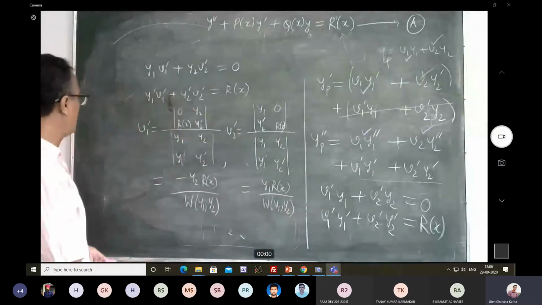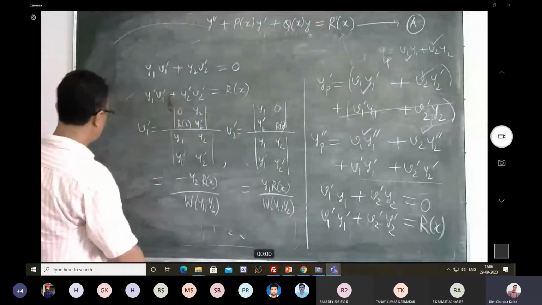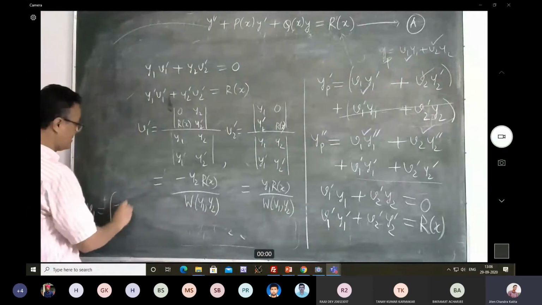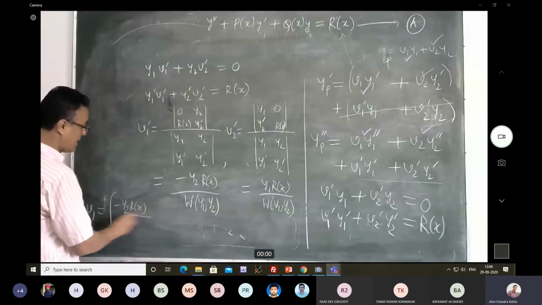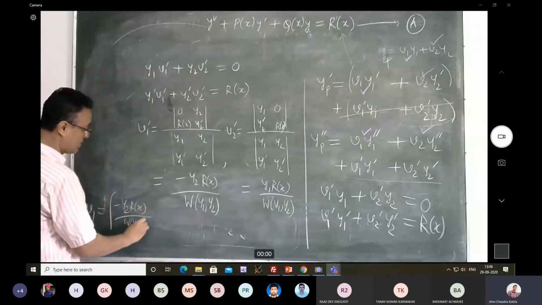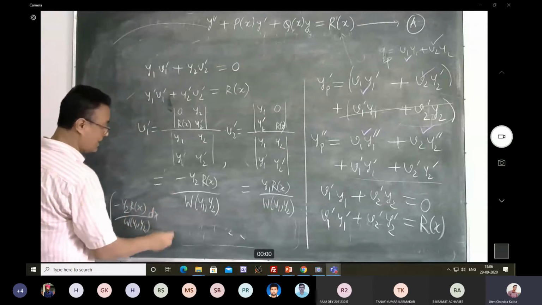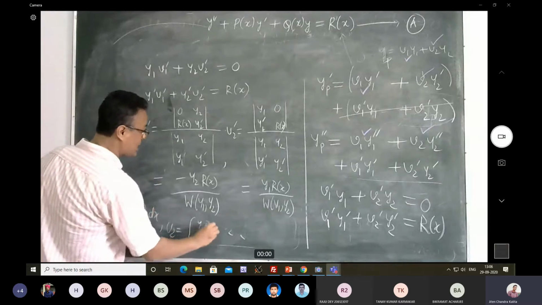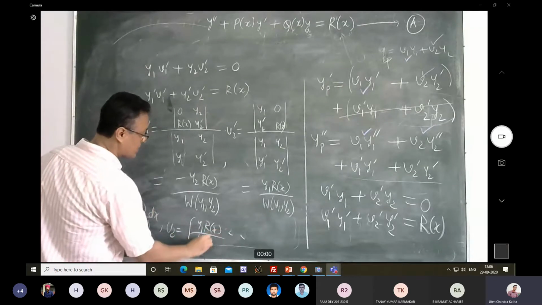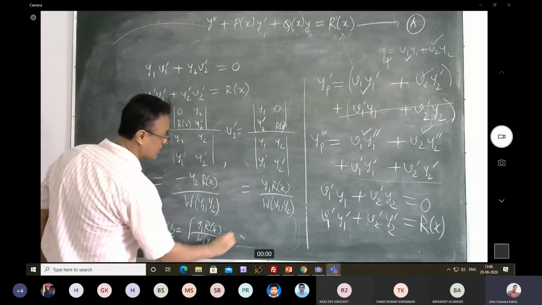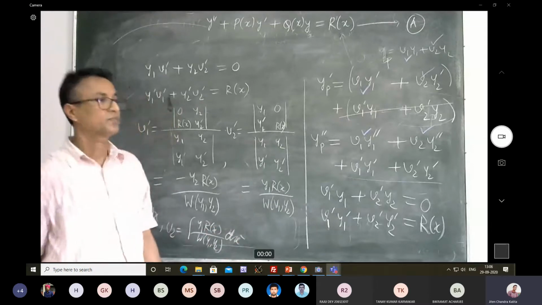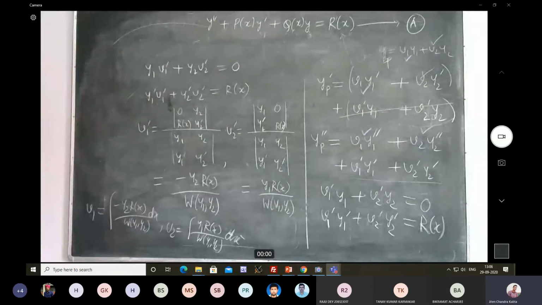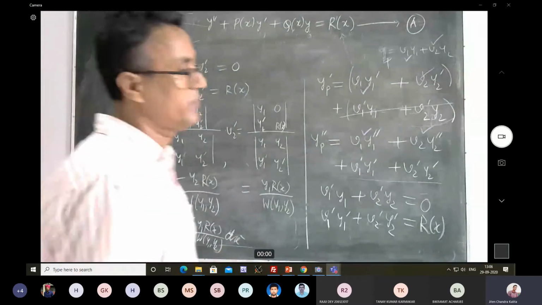Is it okay? And from here, eventually I can get v1 to be simply integration of y2 rx over Wronskian y1 y2 dx, and your v2 equal to integration of y1 rx over Wronskian y1 y2 dx. That's okay. And then you already know y1 and y2, so from there you can get it.